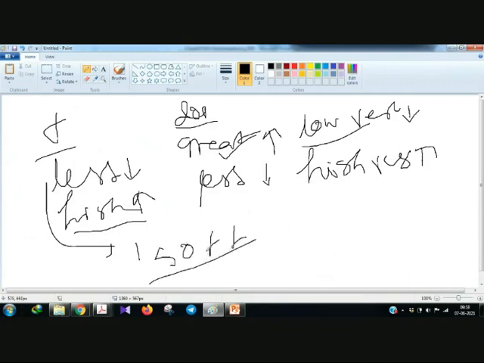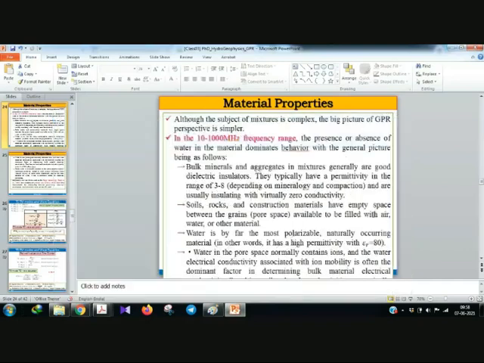In my area, generally at 70 feet you will have your aquifer condition, so 150 feet is enough for a GPR system to delineate the water table. That will be discussed with some case studies, and then you can understand it.